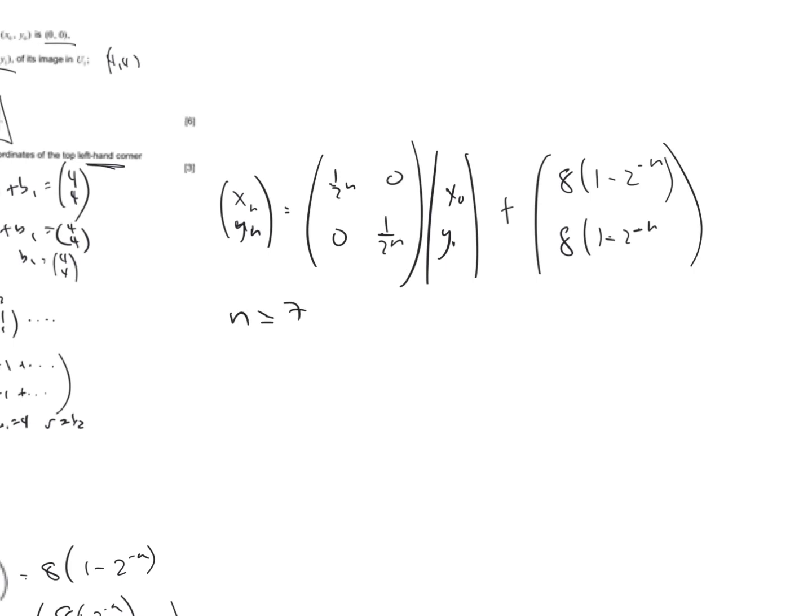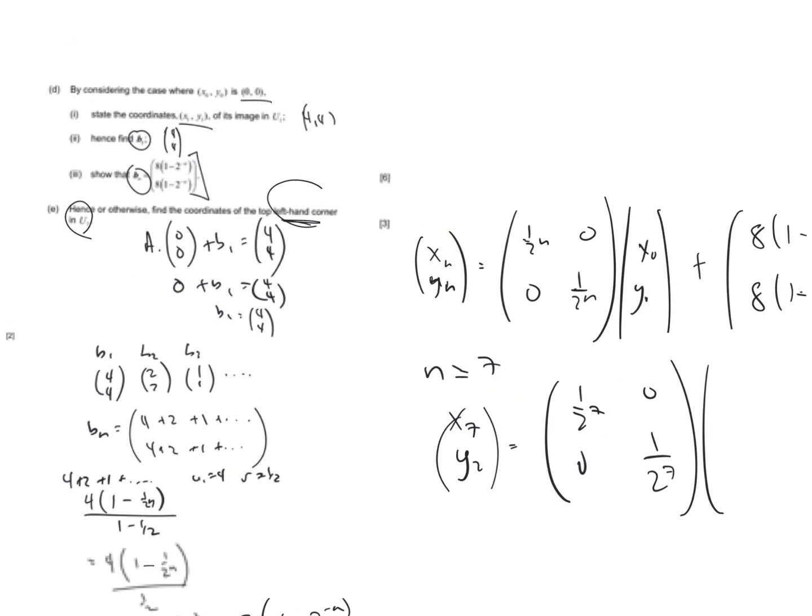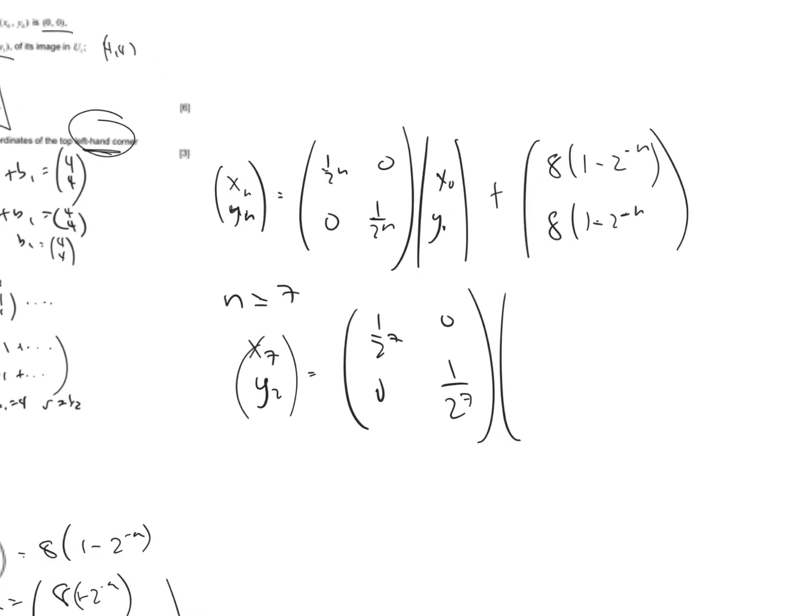And so when I plug in x7, y7, it'll be 1 over 2 to the 7th, 0, 0, 1 over 2 to the 7th times, well, I'm looking for the top left-hand corner value, which is going to be x is 0, y is 4, plus 8, 1 minus 2 to the minus 7, and 8, 1 minus 2 to the minus 7.